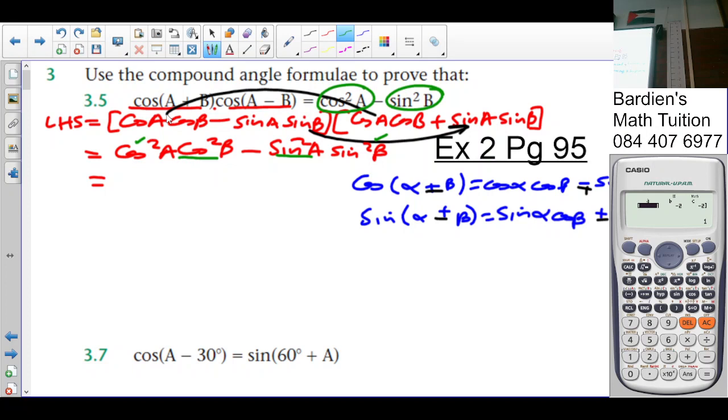Change it to what? Cos squared B can be written as 1 minus sine squared B. So cos squared A into 1 minus sine squared B. That minus is this minus here. Okay?